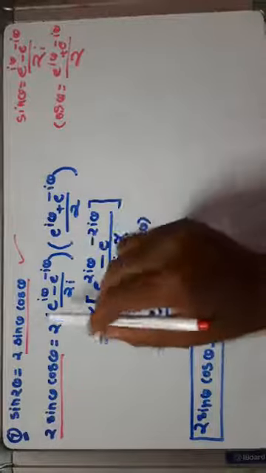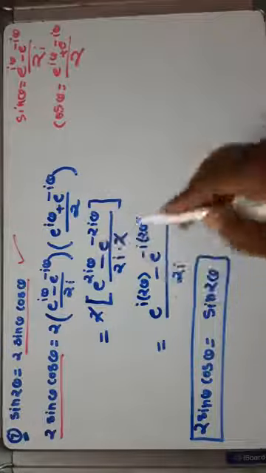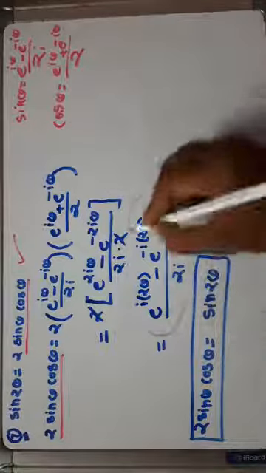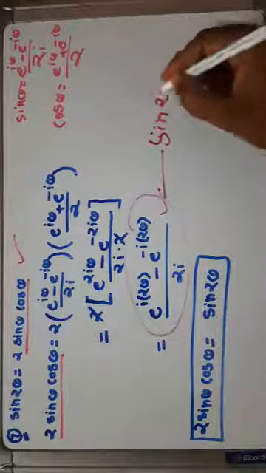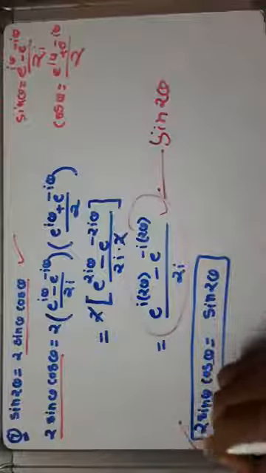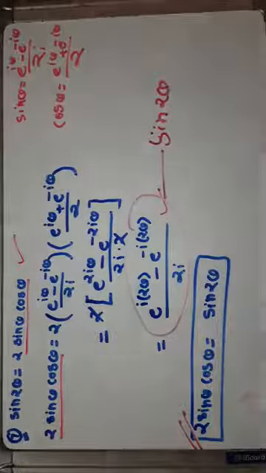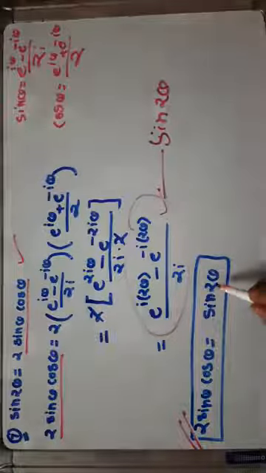Then after solving this we get sine 2 theta, and we finally prove this property: 2 sine theta cos theta is equal to sine 2 theta.